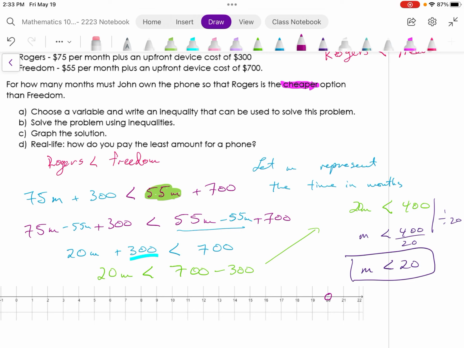So Rogers is actually cheaper when M is less than 20. So I'm just going to graph this. Now, that's kind of a bad graph. Maybe I'm going to use the highlighter. I'm going to say that M, the lowest M can be, is 0. You can't have negative months when you're owning a phone. So anywhere where I'm highlighting represents the solution.